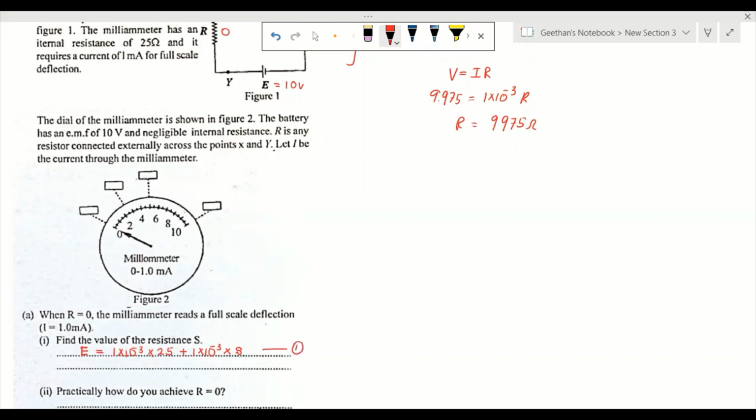Then we'll get 2 marks for this. And finally, simplifying and getting the value of S as 9,975, you'll be getting another 1 mark. So altogether they are going to give 2 marks for this. When you have space, you have to utilize it.